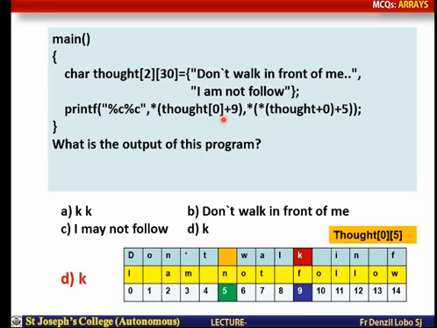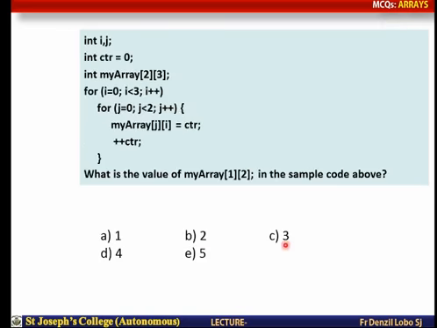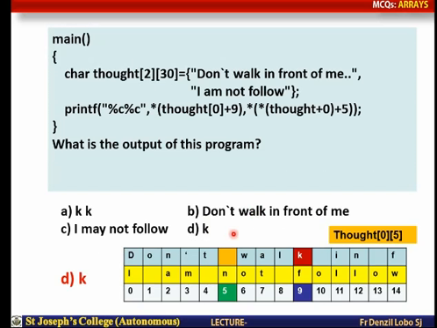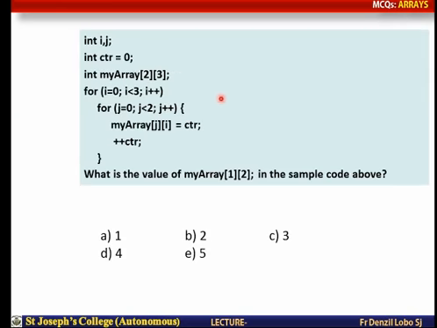The first one is thought 0 plus 9, so thought 0 plus 9 here. It is going to print K. The second one is thought 0 5, again thought 0. Then you go to the fifth. What is there at the fifth? It is going to be blank. Therefore it is only K and a blank. Blank is not seen.